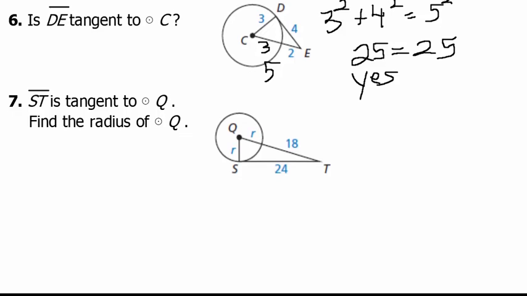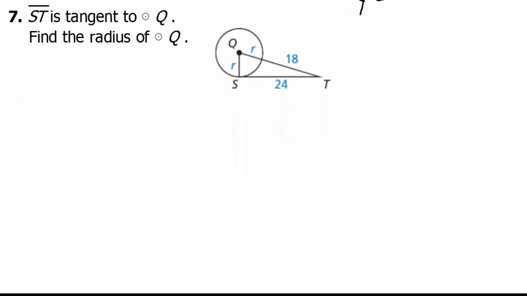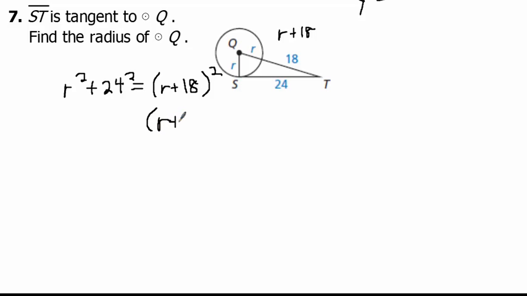Okay, we have another one to set up. That's the hard one. So remembering that this side is going to be r plus 18, our equation is r squared plus 24 squared. That's doable. And this is the part that we're going to have to FOIL. So remembering that FOIL is write them both out.